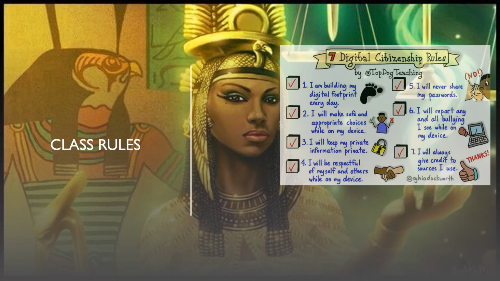Number 6, report any bullying that you see on your device. So if you are online and you observe somebody, for example, posting their work on our classroom stream, which we will have to do often, and you observe a comment that looks like it may be of a bullying nature, you are responsible for reporting this.